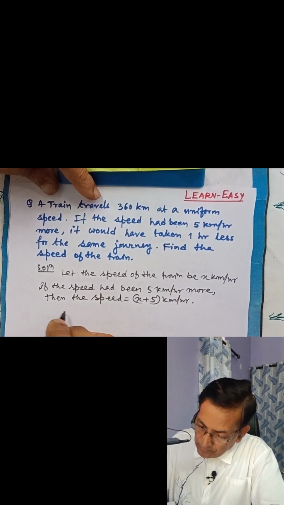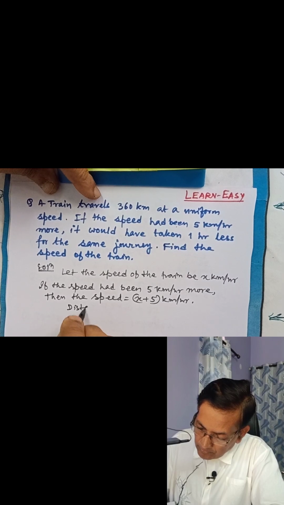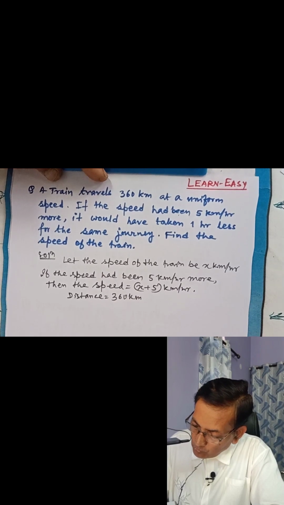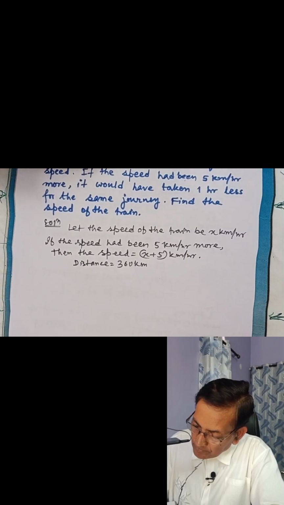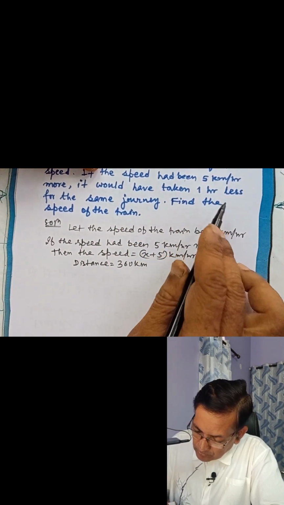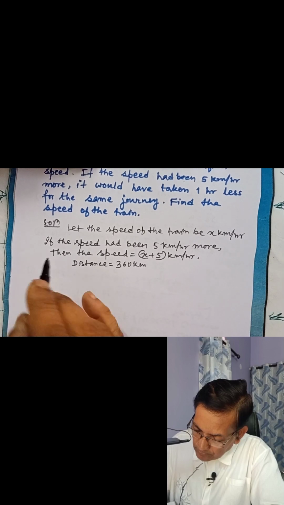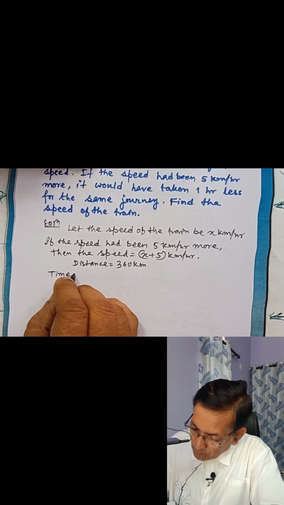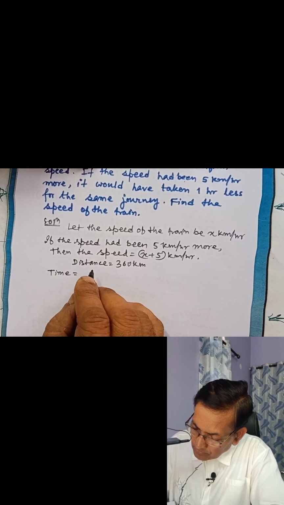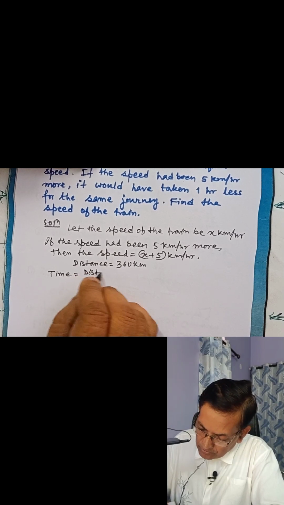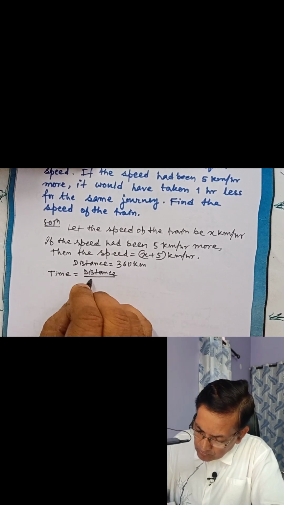Distance is 360 km. Then at this speed, it would have taken 1 hour less. So time is distance divided by speed.